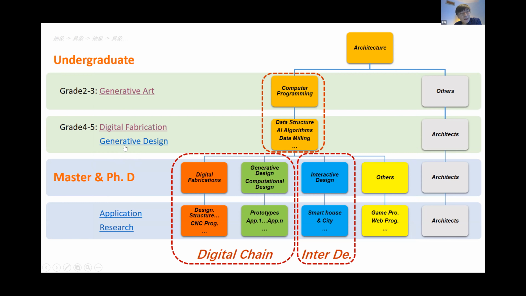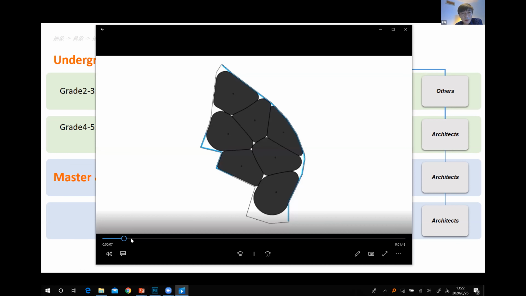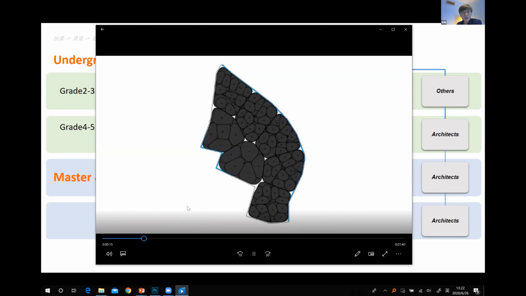And then a lot of courses in grade 4 is about generative design, which means the student need to use such kind of tool, computer program, to finish architecture design. We will show any cases here, and so it's about the student. It's a kind of bubble, and use a defined area.